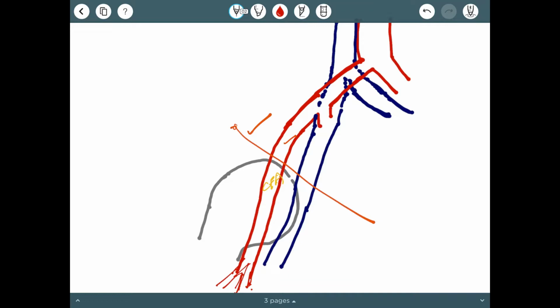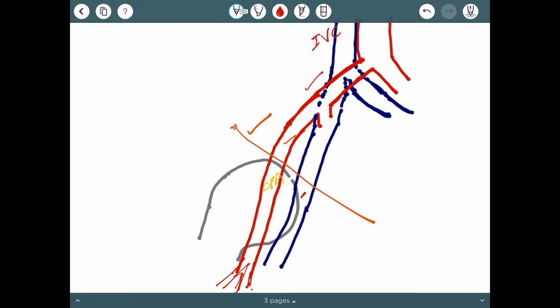And the vein, if you see here, lies along the inner border of the femoral head. This is the vein here, and it continues superiorly and then goes below the external iliac artery, and then it communicates with the vein from the other side and forms the IVC.